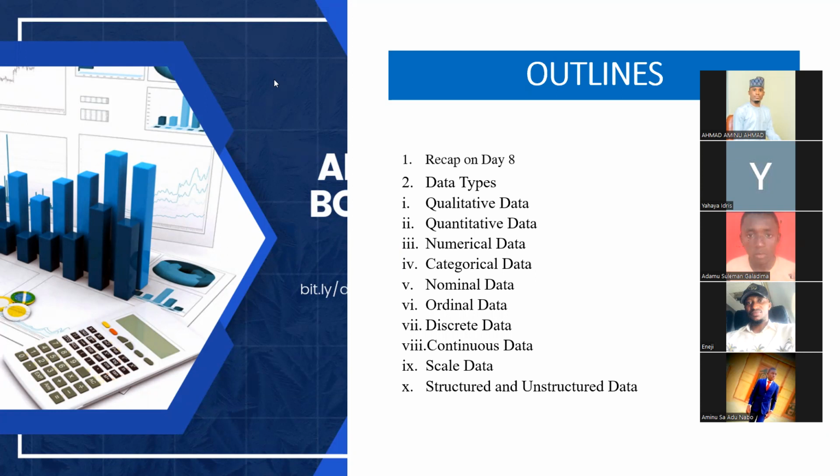And we have ordinal. This ordinal data is data that comes with rank. It's categorical data, but it has rank. For example, like the qualification that I mentioned before. Under qualification, you will have SSCE, BSc, MSc, HND, OND, whatever.